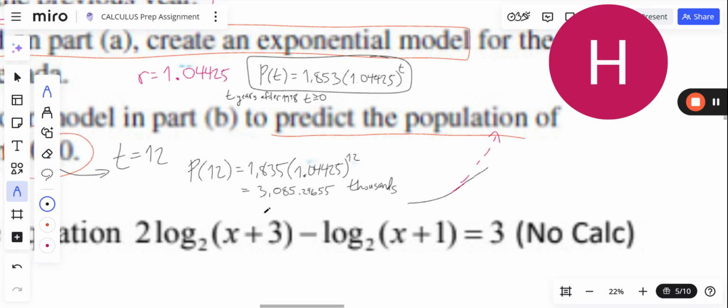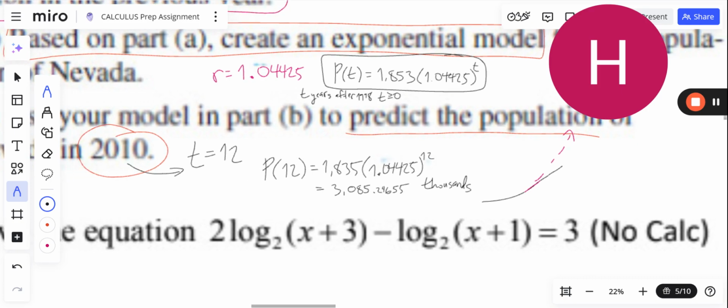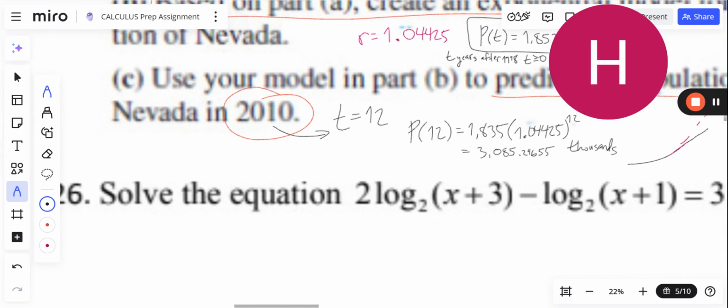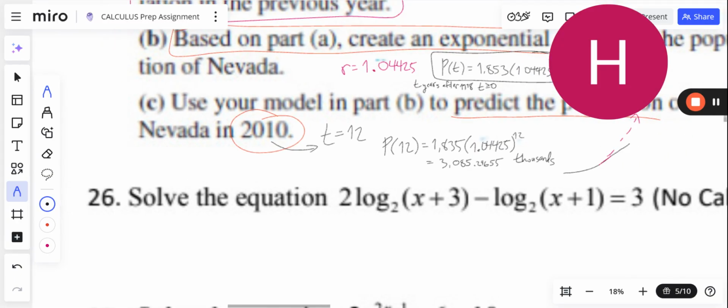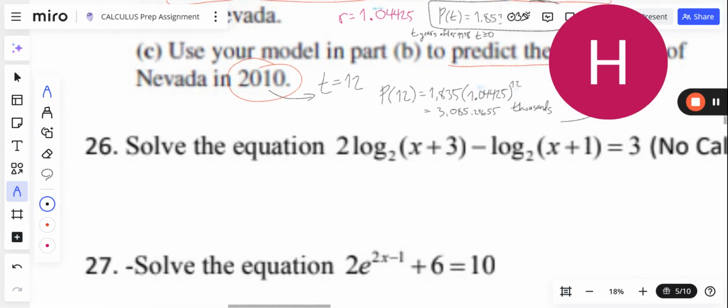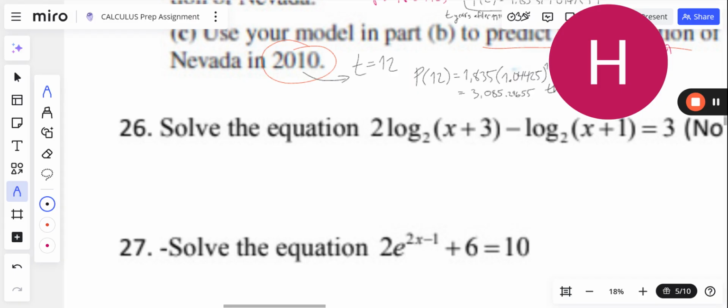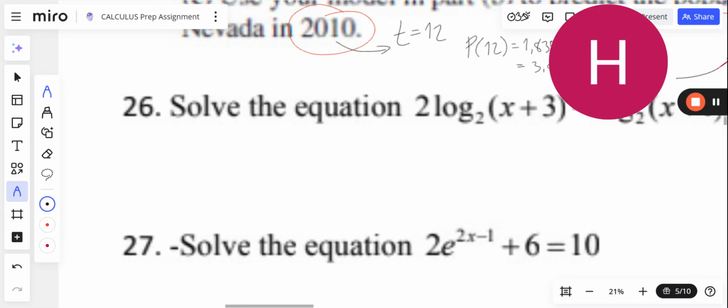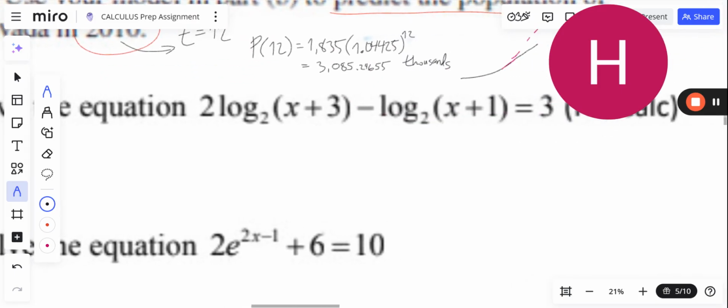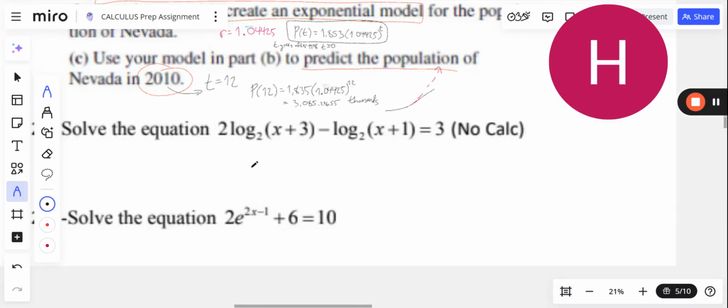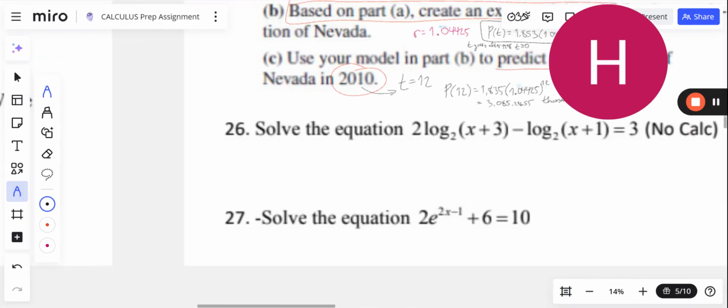Okay. Here we are. Now we're going to solve equations. And I'm going to remind you about something. Exponential functions and logarithmic functions are inverses of each other.